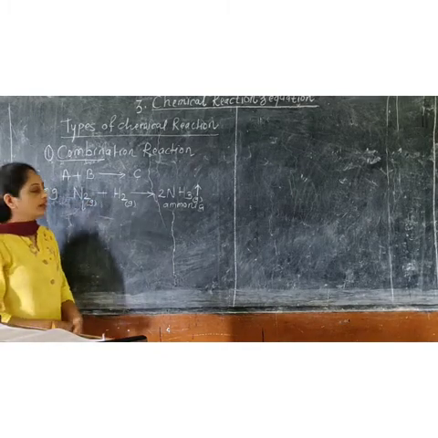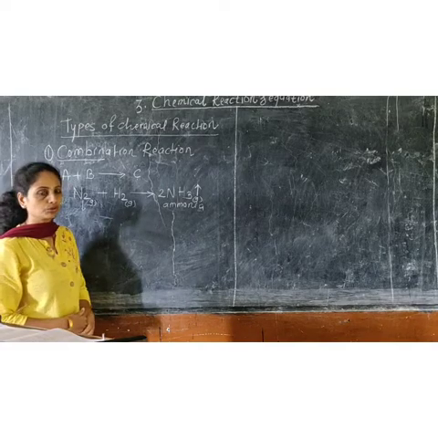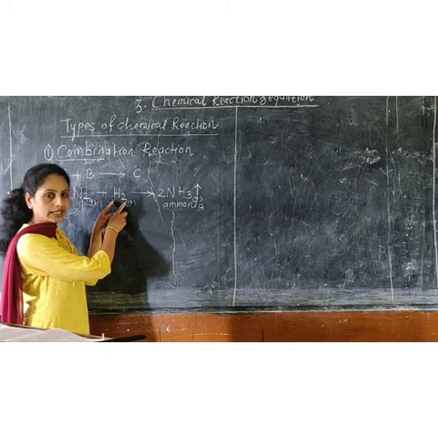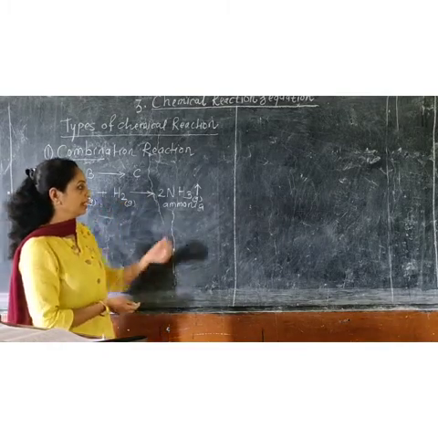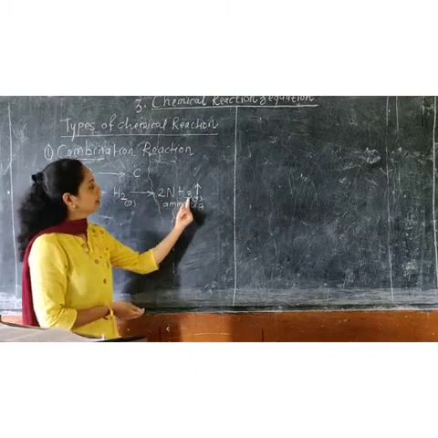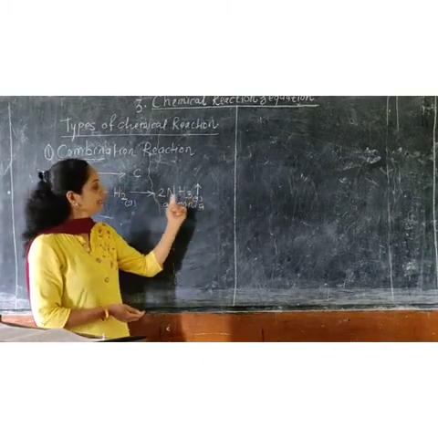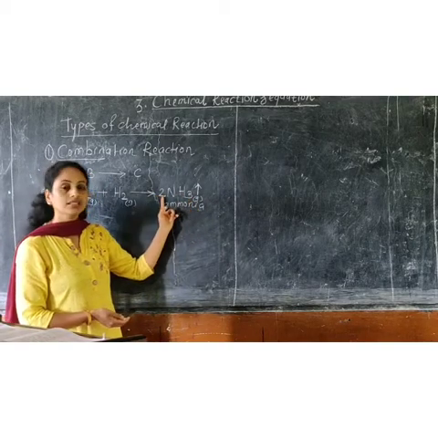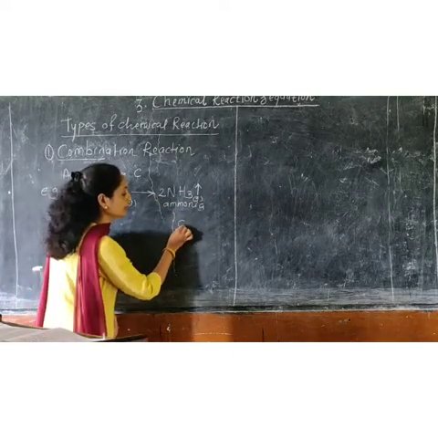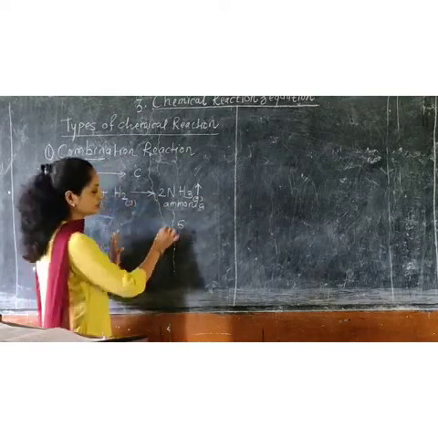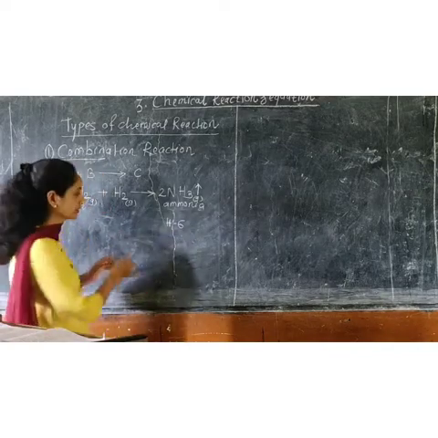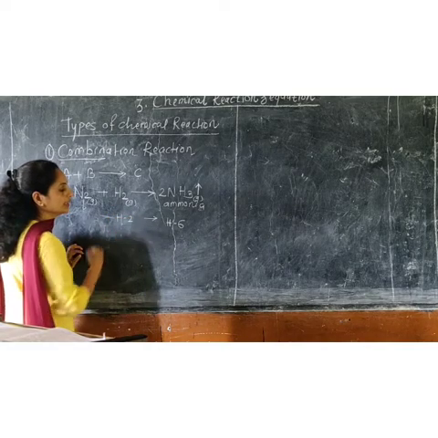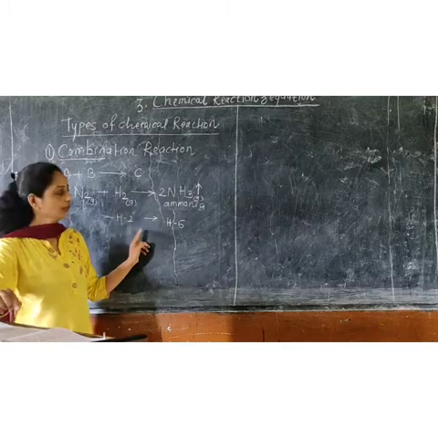But next, we have to balance the hydrogen atoms too. The number of hydrogen atoms on the product side is 6. But on the reactant side, how many hydrogen atoms are there? 2 hydrogen. So we have to balance it.